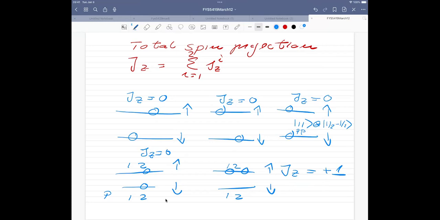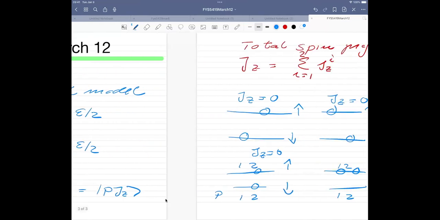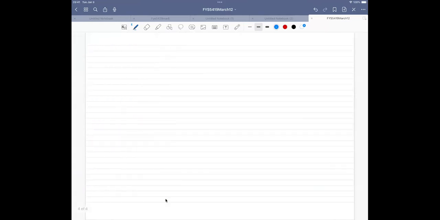So when we are setting up the Hamiltonian matrix to diagonalize, in principle we have 4 different states. But what you see now is that you have a total J_z which is either -1, 0, or 1.